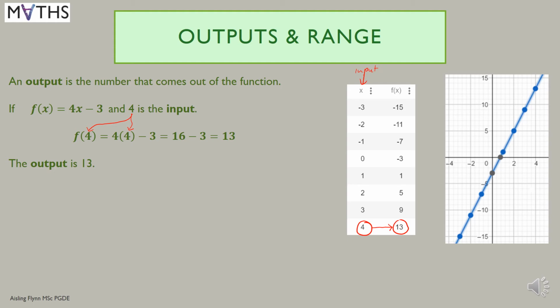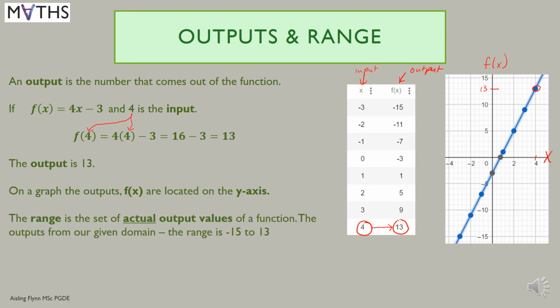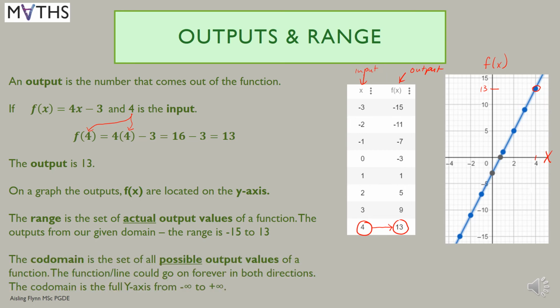We can see that couple there: 4 as an input gives 13 as an output, or f of x, and it gives me this point here. So the output is 13. On the graph, the outputs f of x are located on the y-axis, and the range is the actual output values of a function.